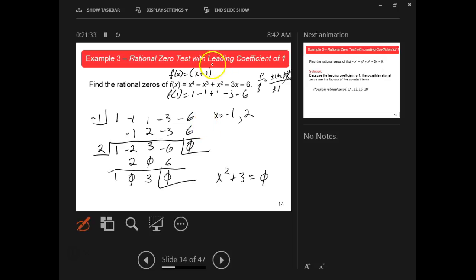And if the zero is 2, x equals 2, what's the factor? X minus 2. And then your last factor is x squared plus 3. You have factored it as far as you can factor it. So not only does this give you your rational zeros, it gives you possible factors, and whatever you end up with, that's your last factor.